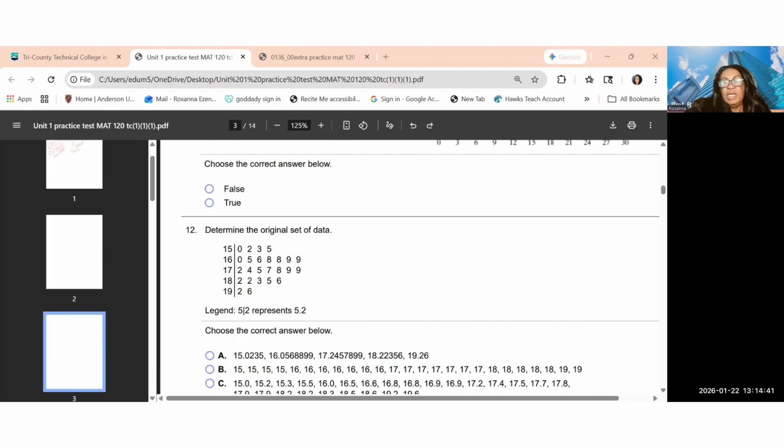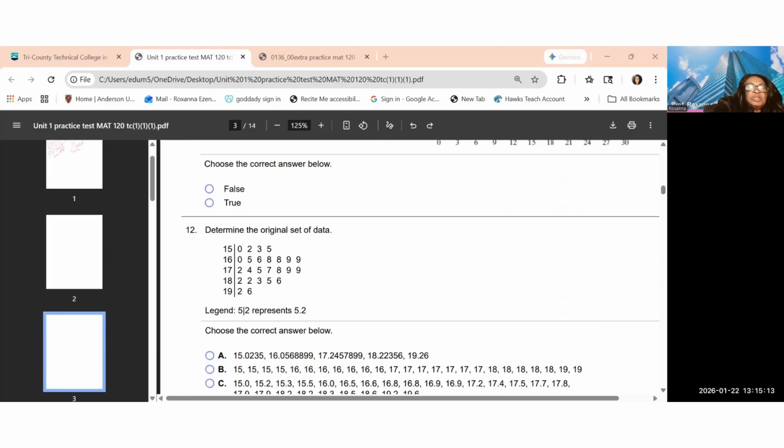So if a distribution is normally distributed, we say it's approximately normal. The mean is equal to the median. This mean is X bar for the sample, and the median is Q2. So when the mean is equal to the median, we say the distribution is normally distributed.